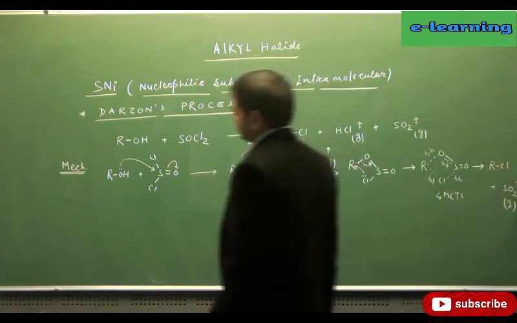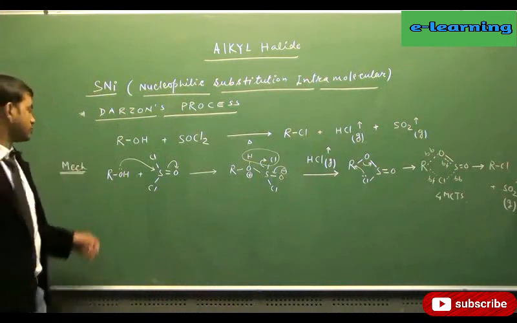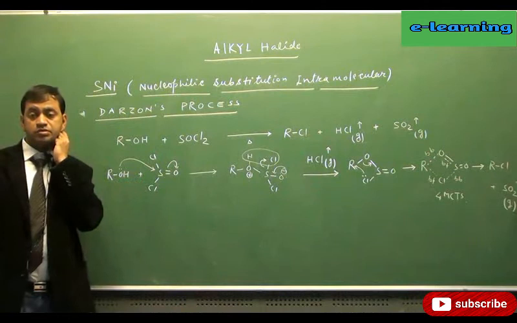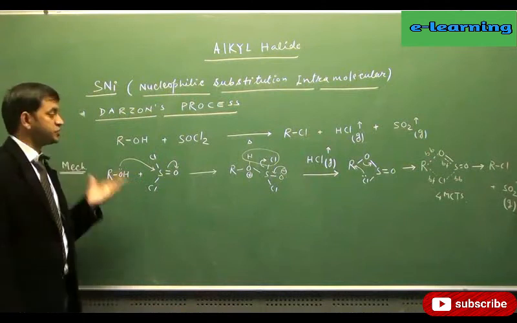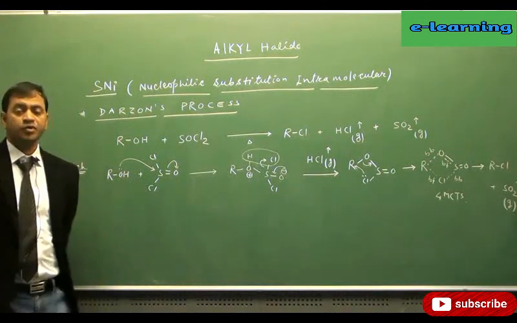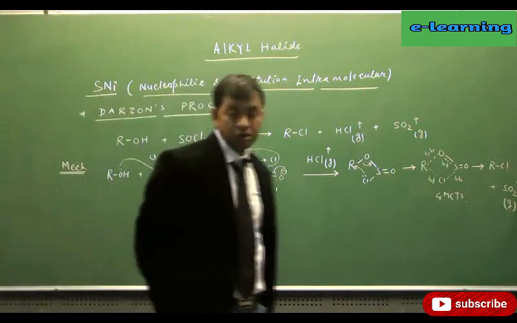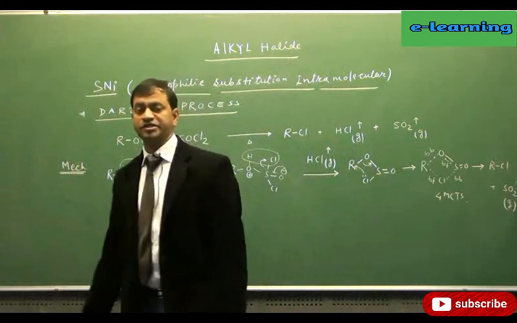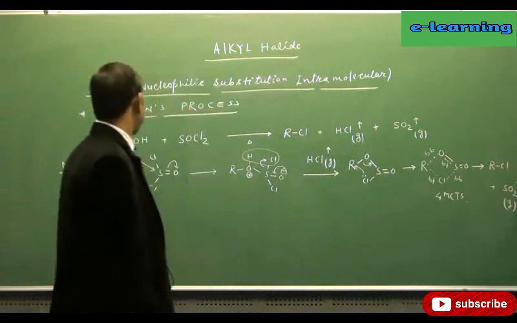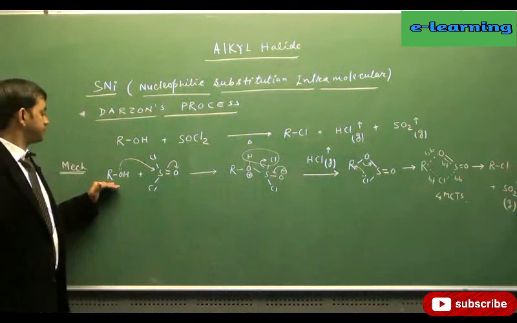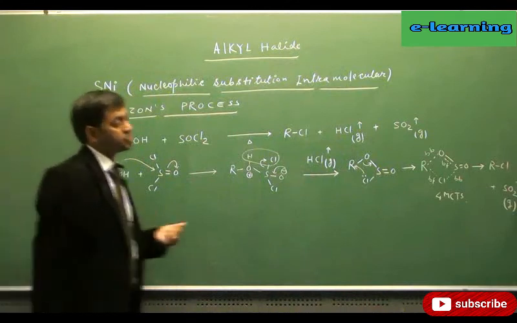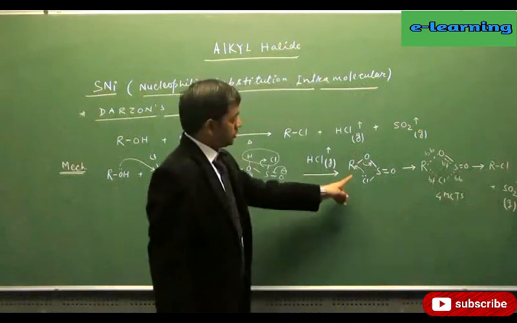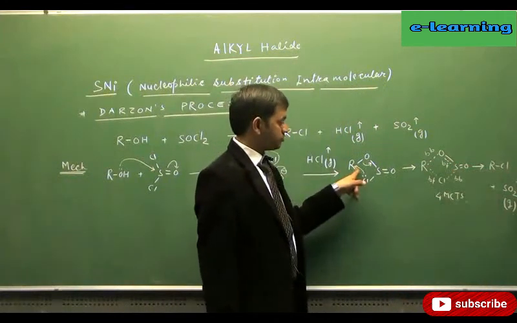Important thing in this reaction is its stereochemistry, the Darzens process or SNi reaction. Retention of configuration takes place. Suppose R contains a chiral carbon. If this chiral carbon is S in configuration, in the product we also obtain S configuration, because the attack is from the same side.